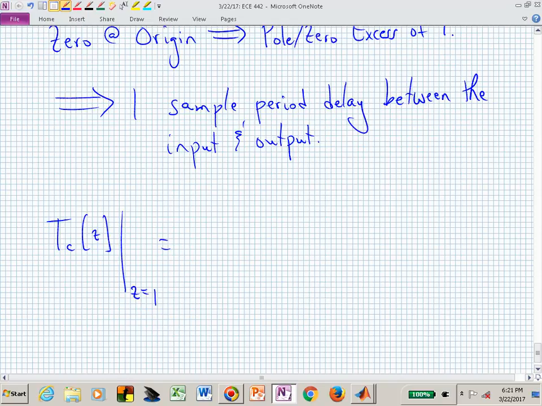So we want actually T sub c of 1 to equal 1, or we now have k, and we had a z upstairs at the origin. We had a z here, and this was 0.8157 squared plus 0.256 squared.